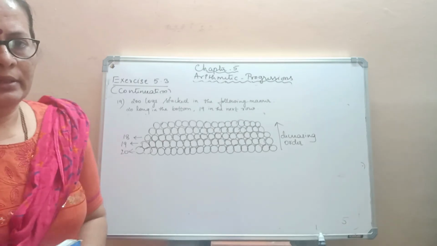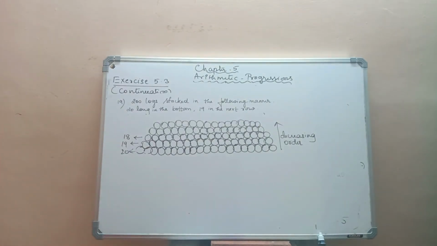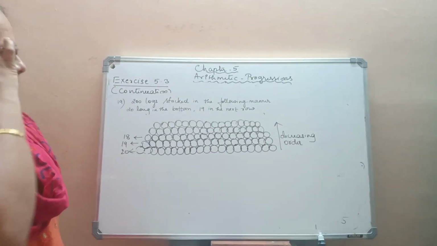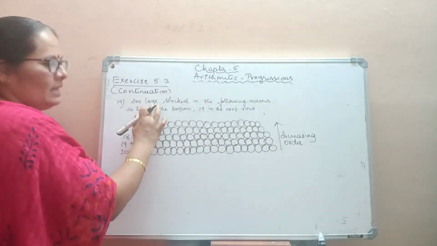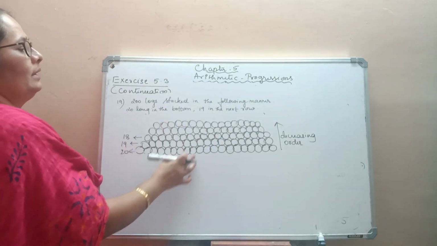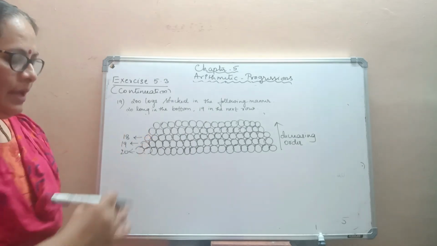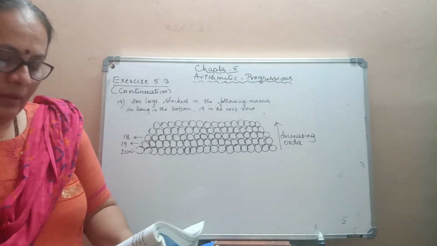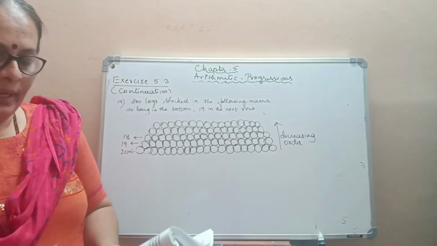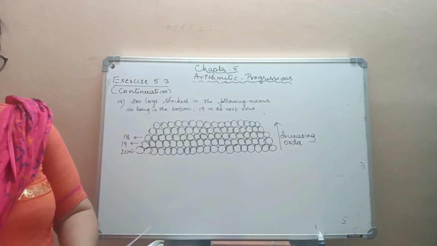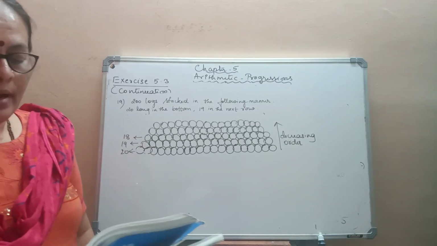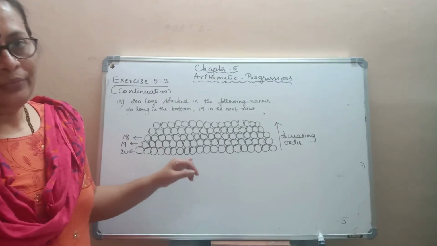Question number 19. 200 logs are stacked in the following manner: 20 logs in the bottom row, 19 in the next row, 18 in the row next to it, and so on as shown in the figure.